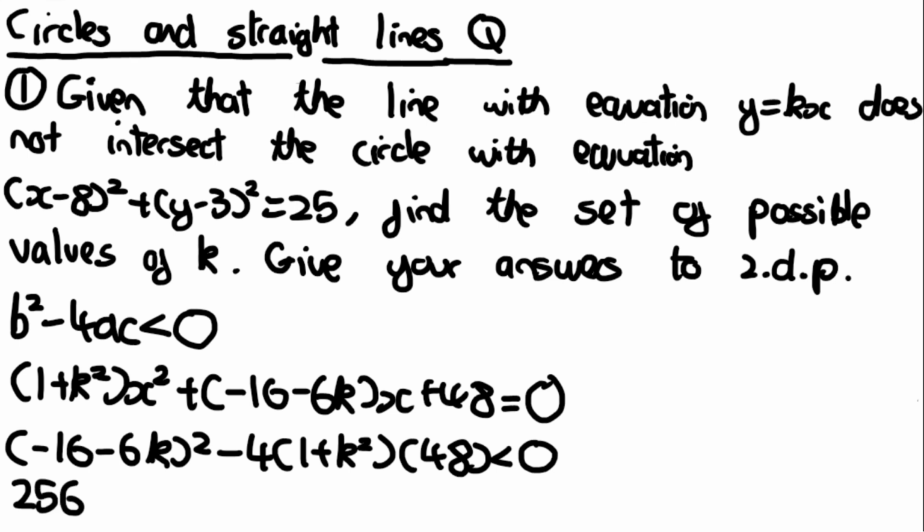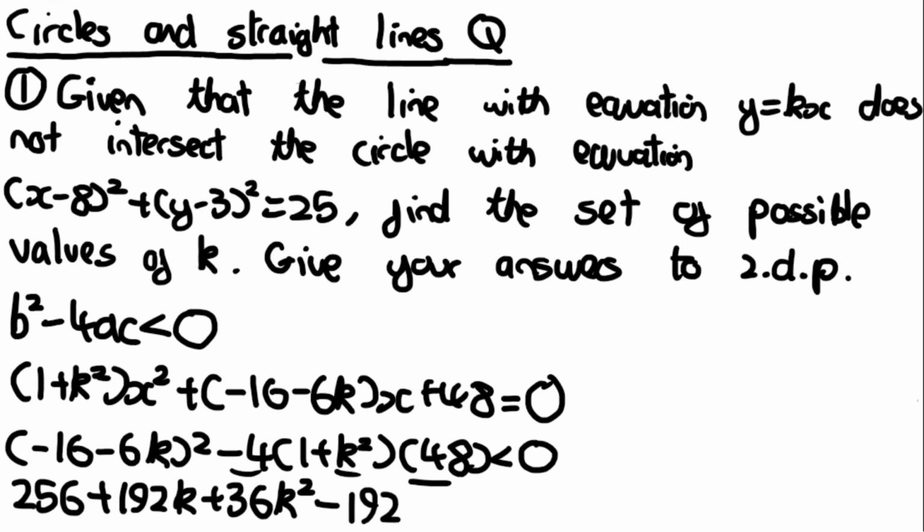256, you'll have to use a calculator for this, plus 192k + 36k², and it's going to be minus 4 times 1 times 48, which is going to be equal to -192. It's going to be minus 4 times k² times 48, which is going to be -192k², and all of this is less than 0.